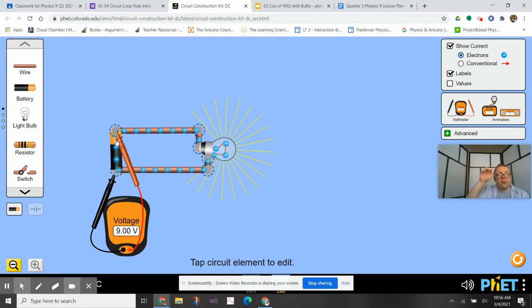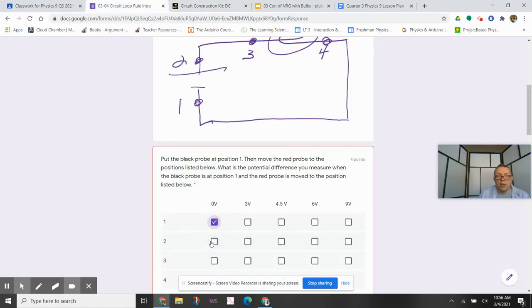The battery has given everything 9 joules of energy when it's there. So at position 2, I'm at 9 volts, 9 joules of energy per charge. So the potential there is 9 volts.